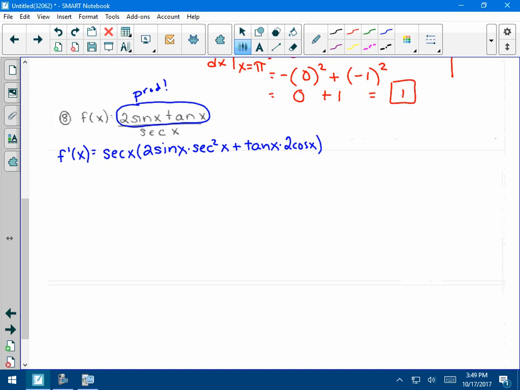So far that was just the bottom times derivative of the top minus the top, so 2 sine of x tangent of x, times the derivative of the bottom. The derivative of secant is secant x tangent x, all over the bottom secant x squared.